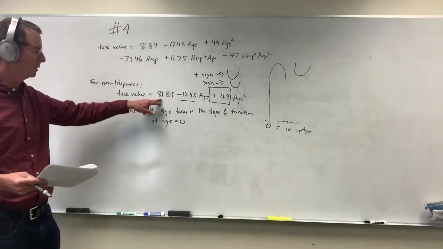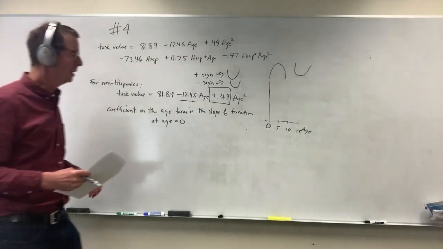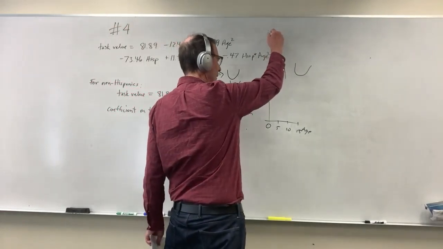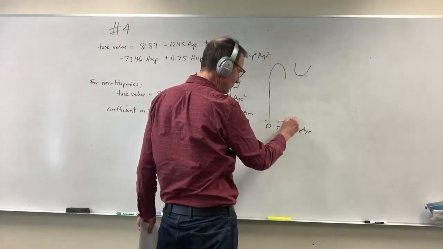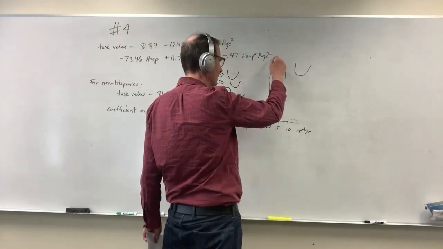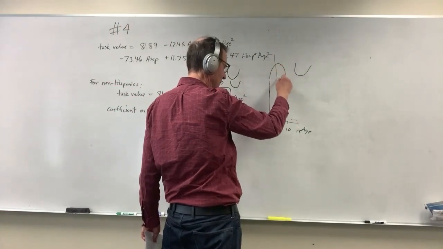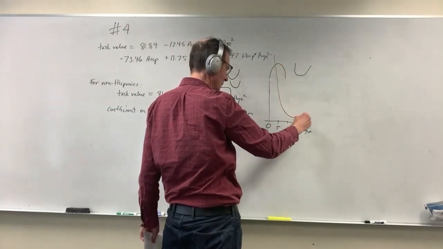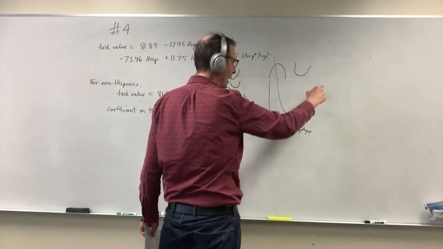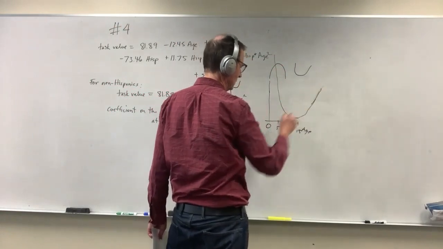So the intercept is 81. So we're talking about a function that is coming down from way up here. The relevant age range for the sample is here. So we're fitting this parabola that's looking something like this.